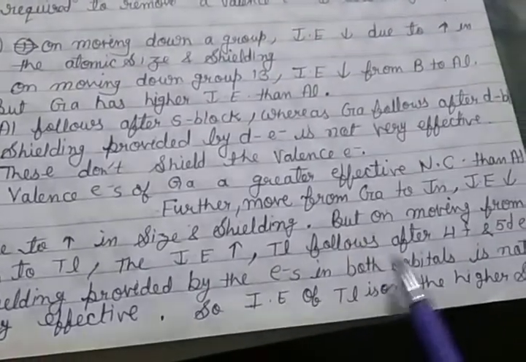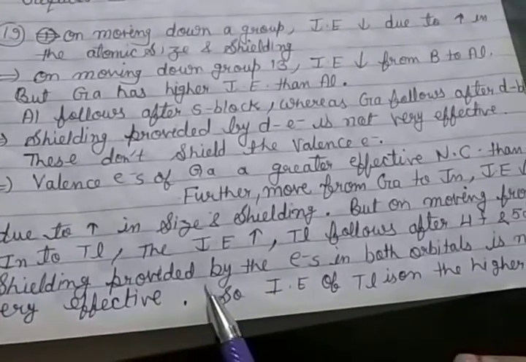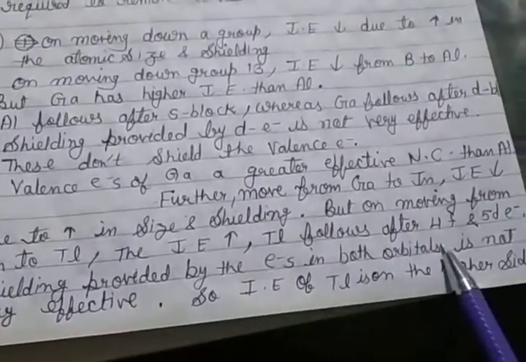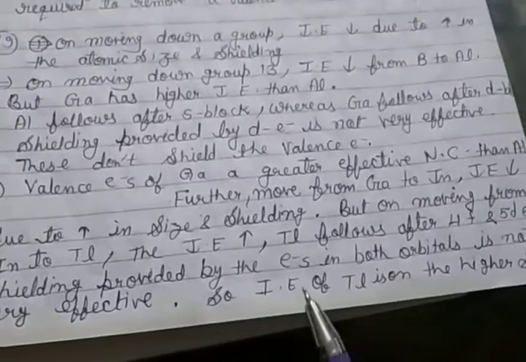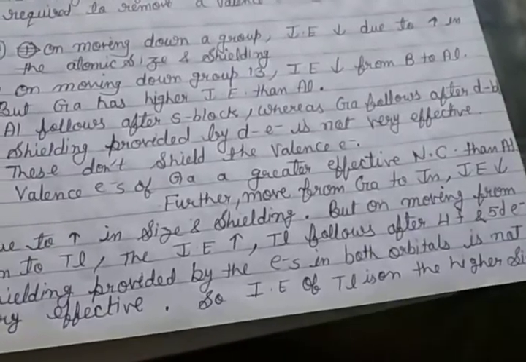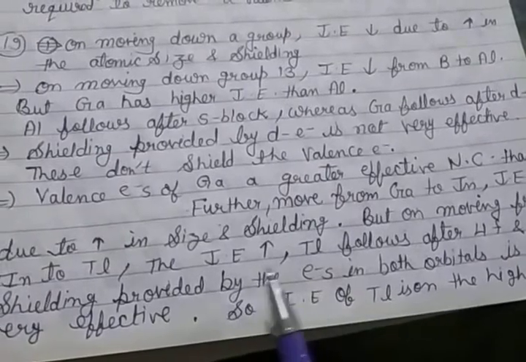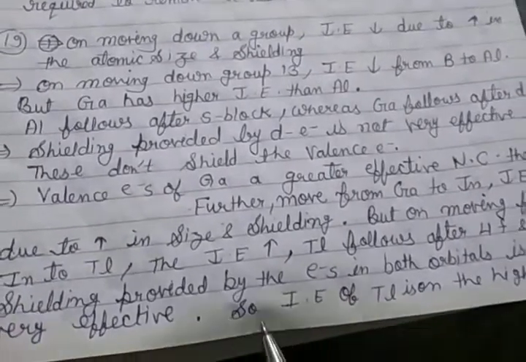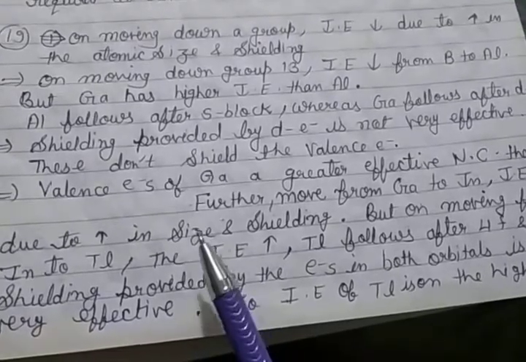Thallium follows after 4f and 5d electrons. The shielding provided by the electrons in both the 4f and 5d orbitals is not very effective, so the ionization enthalpy of thallium is on the higher side. So this change in trend is due to the reasons of size and shielding.